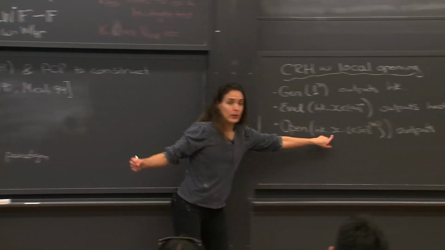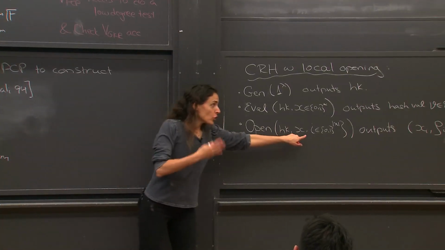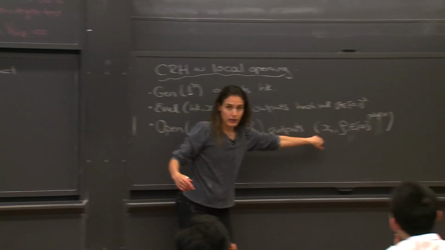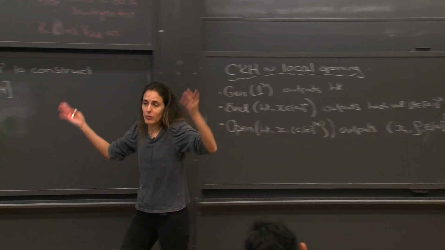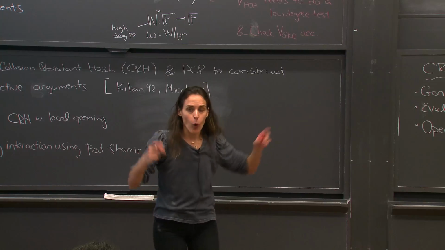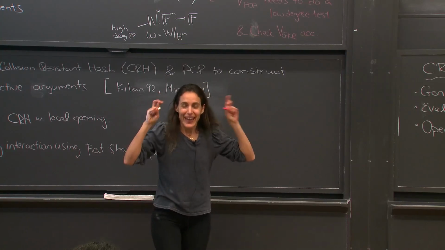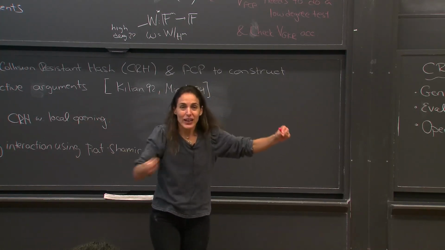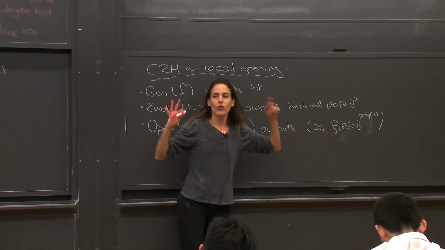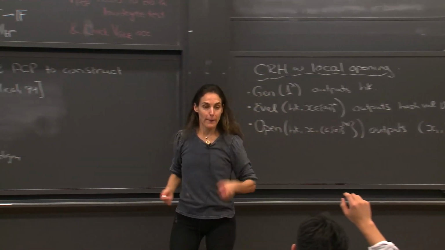I don't know your PCP, I don't know your input. You give me some rho_i, like an opening, give me x_i. If you only give me x_i, you can cheat. You can give me whatever you want, I don't believe you. So I want you to give me rho_i. This opening is like a proof that indeed what I hashed down in the ith location is sitting x_i. This is what you think of rho_i. It's like a proof.